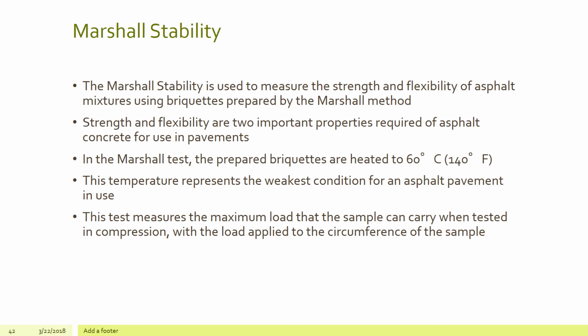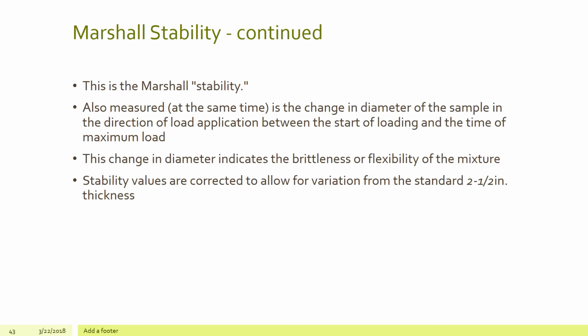This test measures the maximum load that the sample can carry when tested in compression, with the load applied to the circumference of the sample. This is the Marshall stability. Also measured at the same time is the change in diameter of the sample in the direction of the load application between the start of loading and the time of the maximum load. This change in diameter indicates the brittleness or flexibility of the mixture. Stability values are corrected to allow for variations from the standard 2.5 inch thickness.